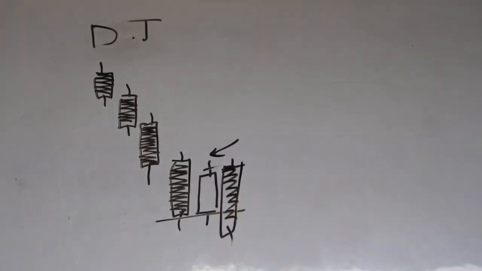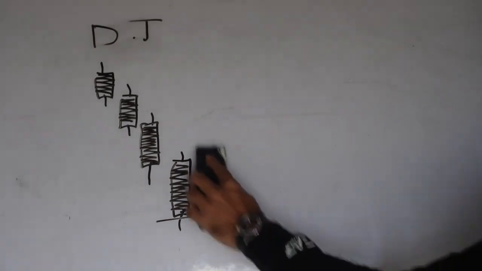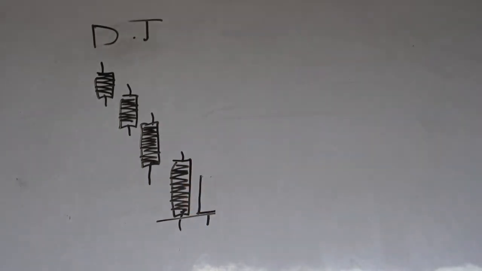You got to keep that in mind. Whenever you're trading the trend, don't fight the trend. Wait for the trend to show you some signs, because having good signs is a good form of trading.